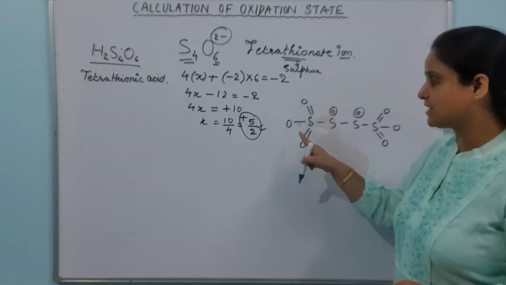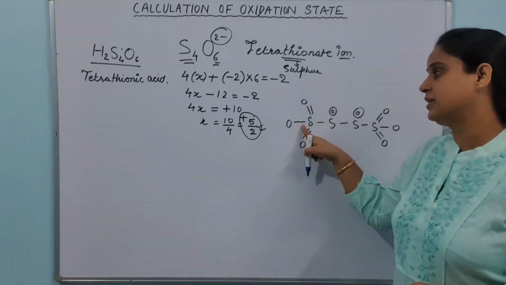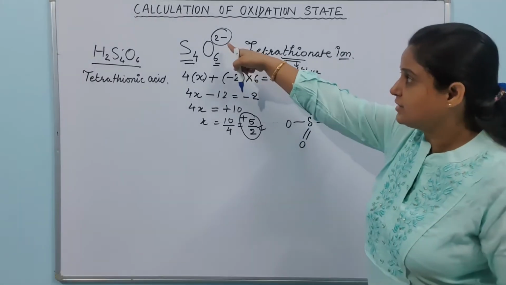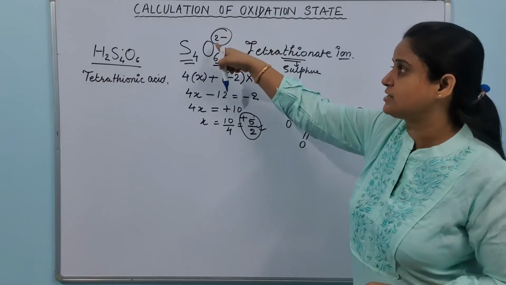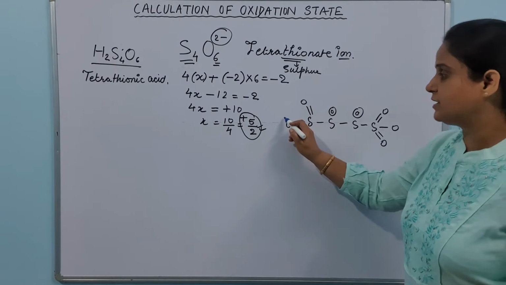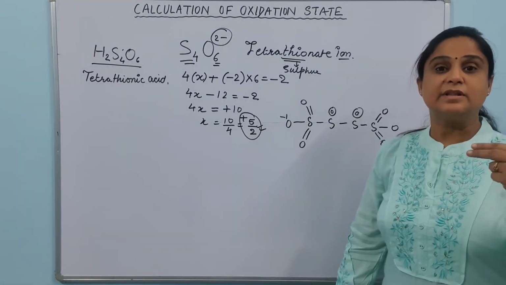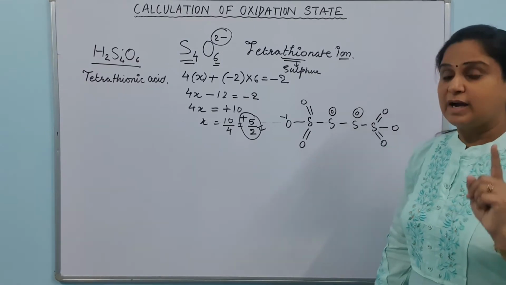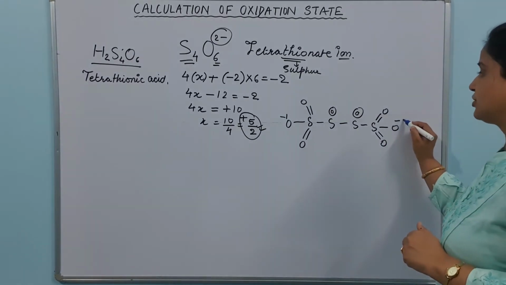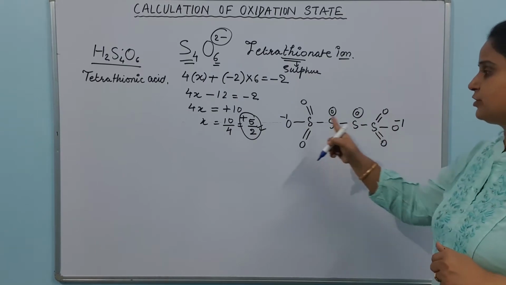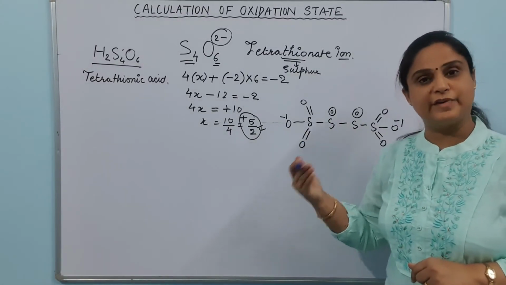Same way, you can see here that this oxygen is connected with one bond, and you can see on this side that there is a 2 minus charge on this ion. So I will provide -1 to this oxygen because it is the tetrathionate ion; ion means those charges we have to mention here. So I am giving these two charges to these oxygen because they are connected with one bond only.